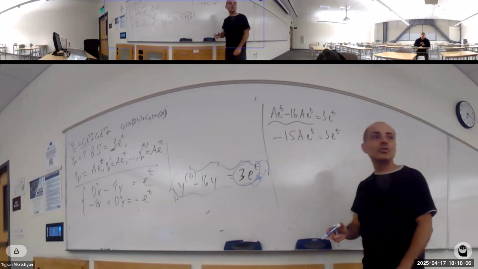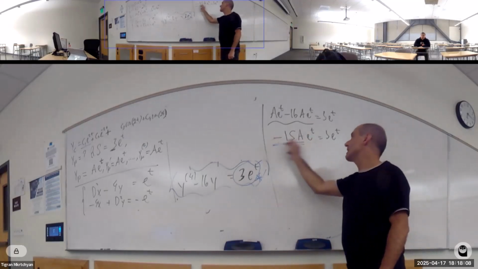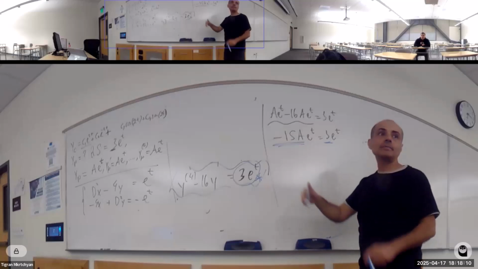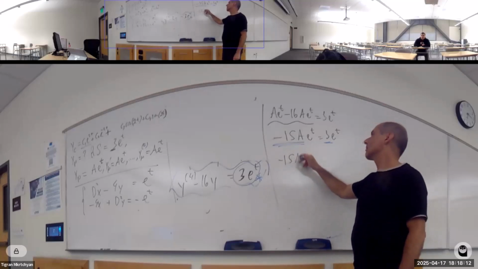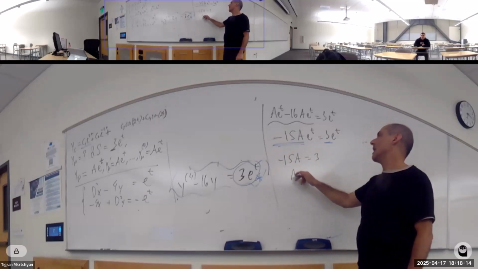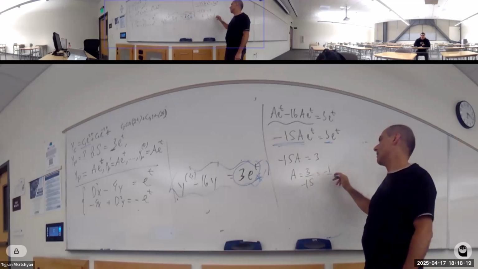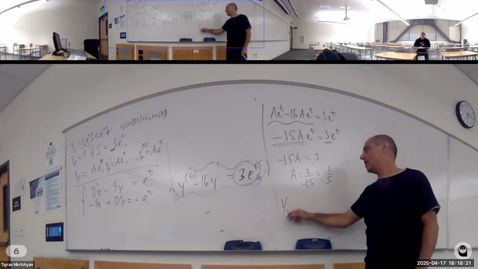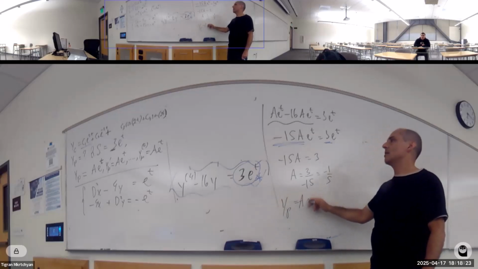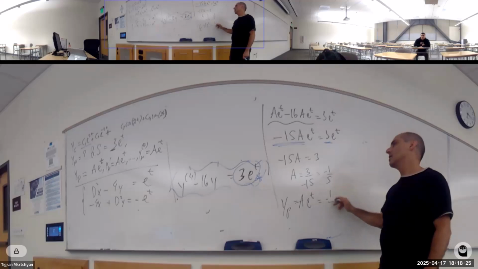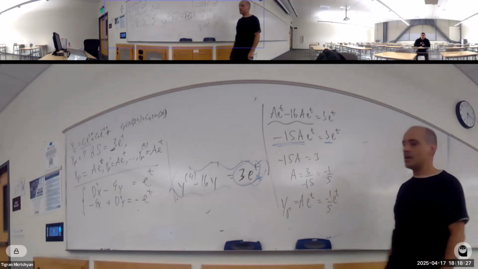So we lose the undetermined coefficient. This guy has to be 3, which means A has to be what? Minus 1. Which means yp should be A times this, should be this.